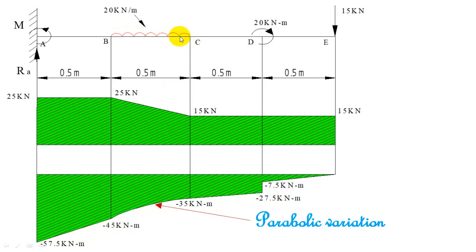Now here UDL is acting, so shear force will vary linearly and bending moment has to vary parabolically. And at C we have calculated the bending moment, and bending moment at C is minus 35 kilonewton meter. So here you have minus 45, here you have minus 35. So the variation you can show as parabolic variation. In parabolic variation, the curve should continuously go up without a peak, because shear force is not changing sign in the section BC.